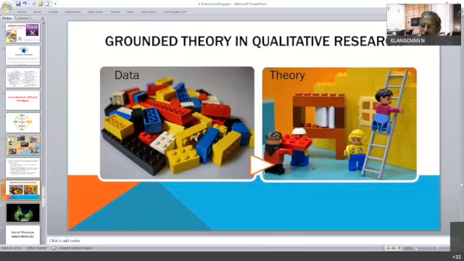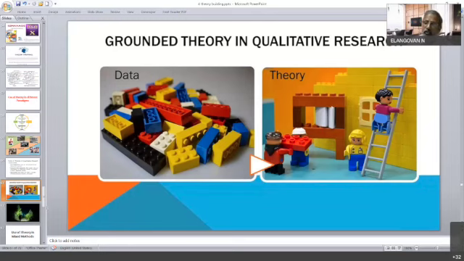It's grounded inside it. And we search for it and we come out with the theory. So it means from the observation, from the data, we are coming out with the theory. We don't start with the theory. Therefore, in qualitative research, theory emerges from the data or the observation.